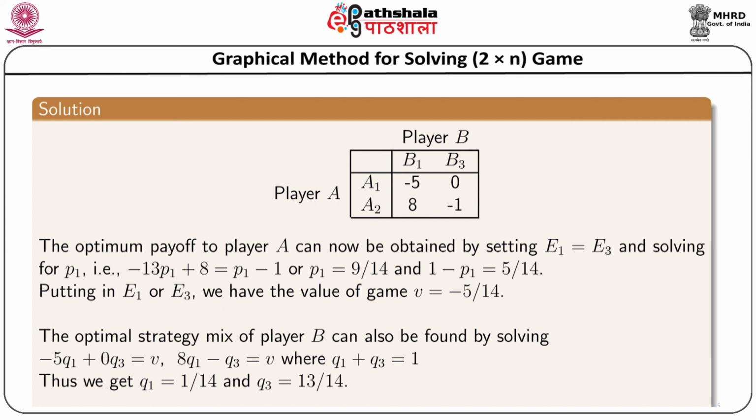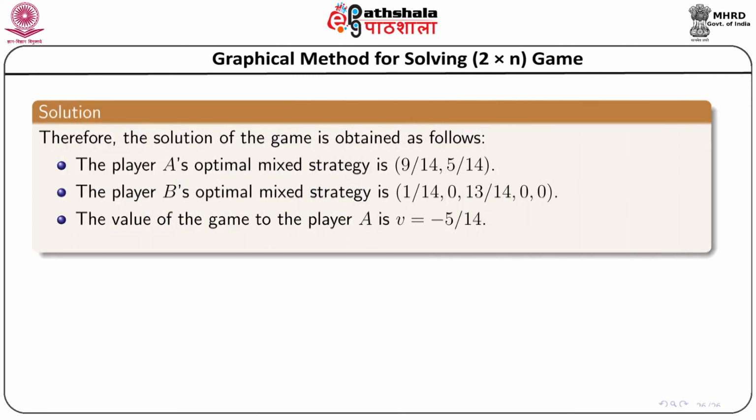Similarly, we can determine the optimal strategy for player B as Q1 equal to 1 by 14 and Q3 equal to 13 by 14. So, this slide shows the optimal mixed strategies for player A and for player B as well. The value of the game is thus obtained for player A as minus 5 by 14.